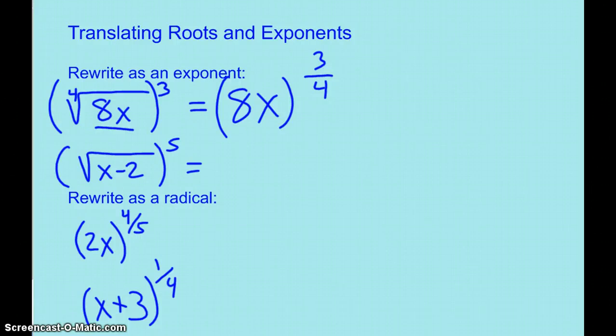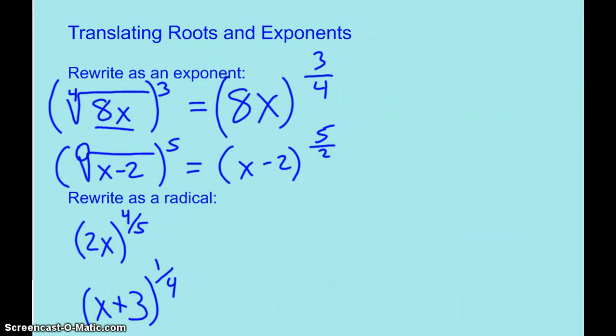So if I want to do the square root of x minus 2 to the fifth power, it is a square root. If there's nothing written here, it's assumed to be a 2. So my root is 2, the power is 5. So we would write that as x minus 2 to the 5/2 power.